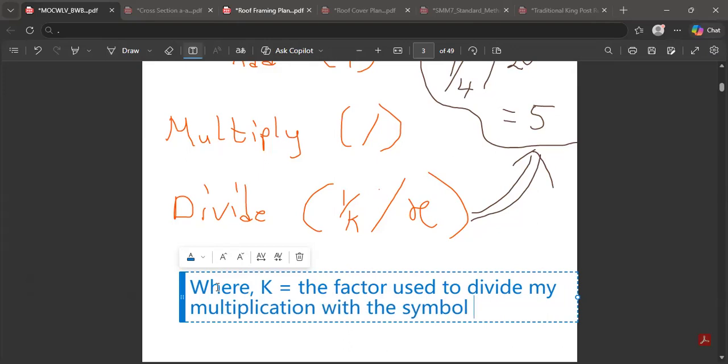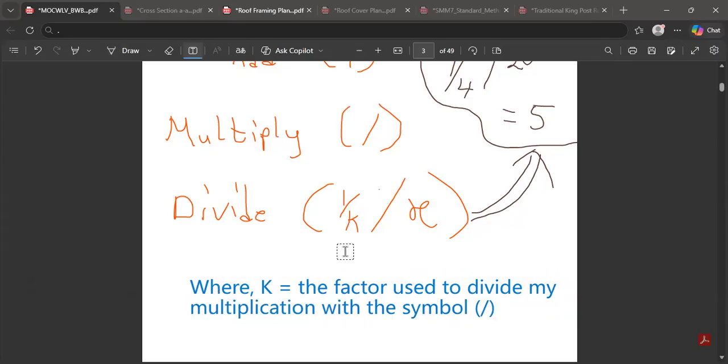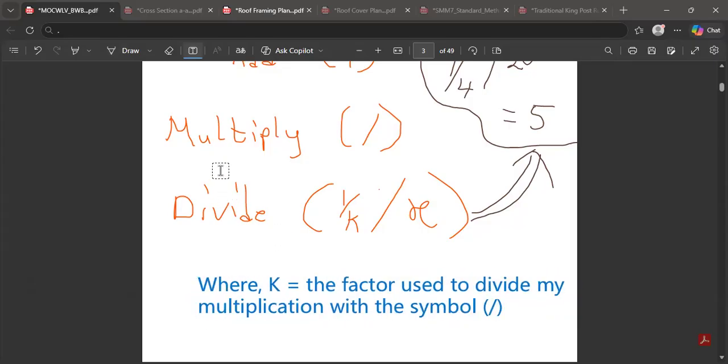I'm going to put a symbol in the brackets so that when you meet it somewhere again, you don't get confused. You're typing.